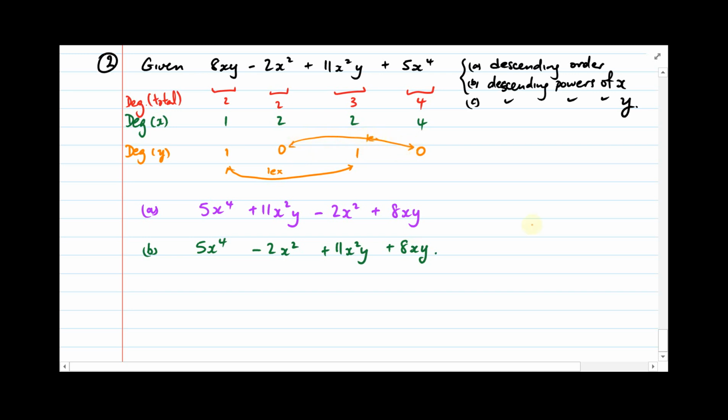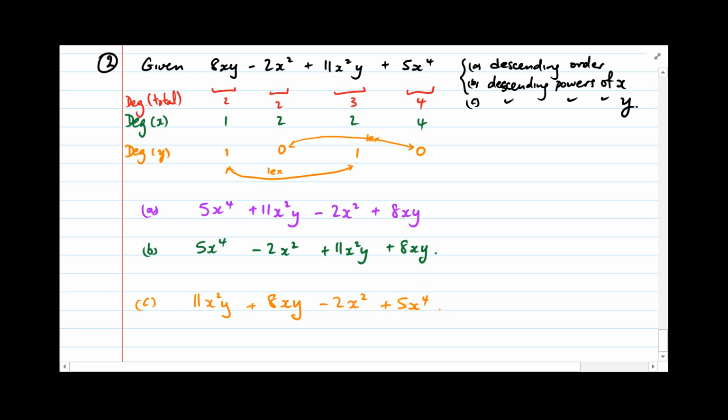All right, so let's see. xxy comes before xy, so we start with 11x^2 y, 8xy, and then for our 0 powers, xx ends before I look at x to the 4th, so minus 2x^2 plus 5x^4.